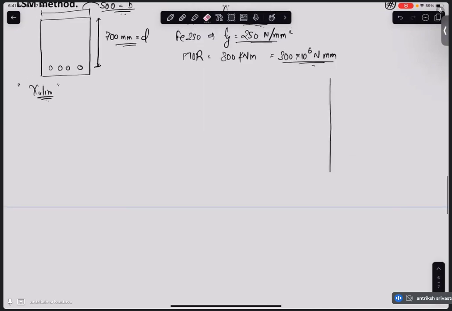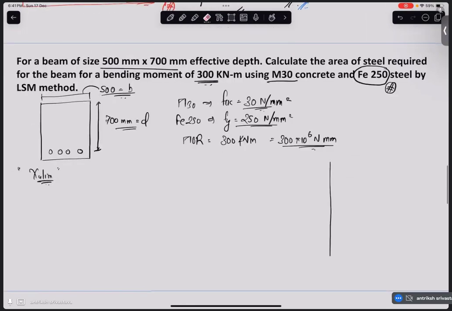So we are going to clear some of our basic concepts. Now, in case of the LSM, we know that the strain diagram is the only diagram which is going to be straight. The stress diagram is not going to be straight. And what are some assumptions that we make in LSM?